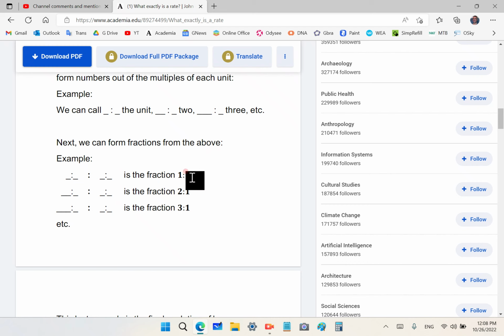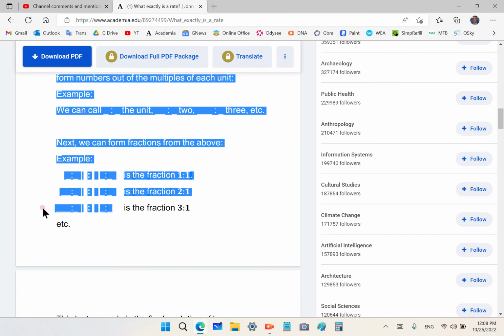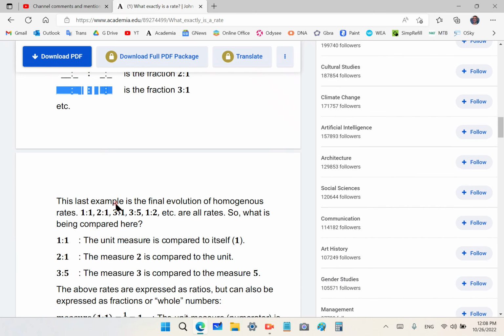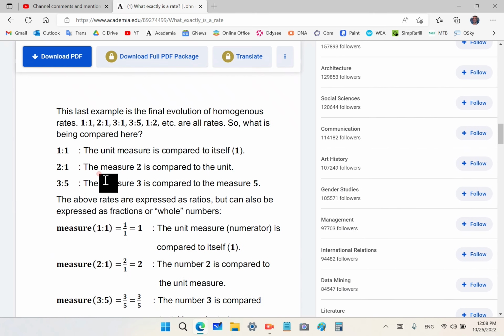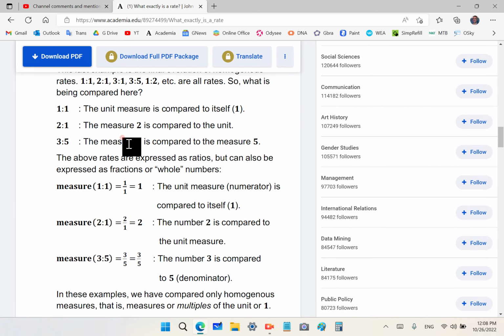So if we compare this one against this one, we have the fraction or the primitive fraction ratio, which is 1 to 1. Similarly, here we have 2 to 1, 2 to 1, okay, 2 to 1, and 3 to 1.